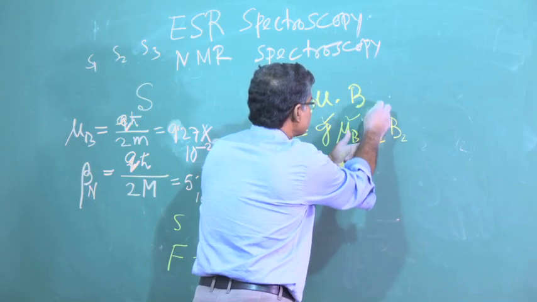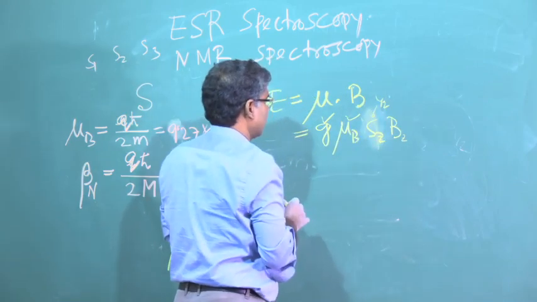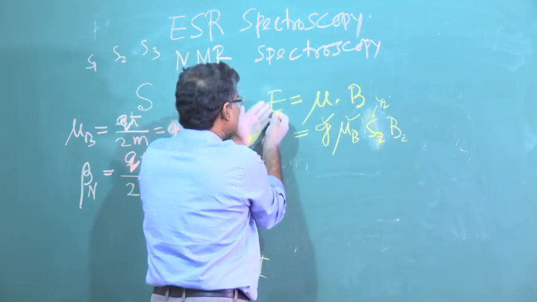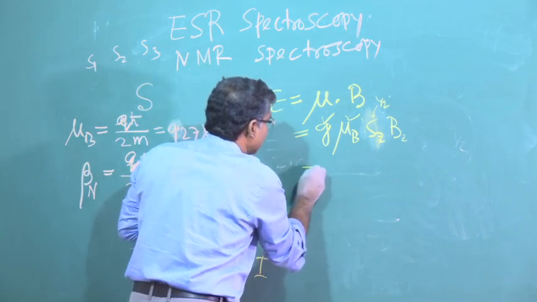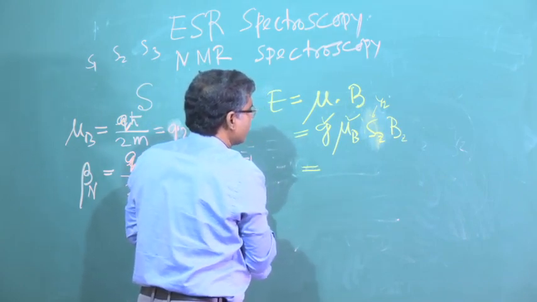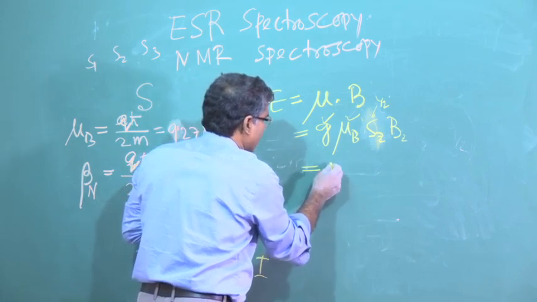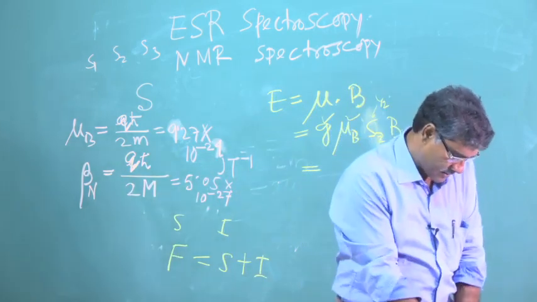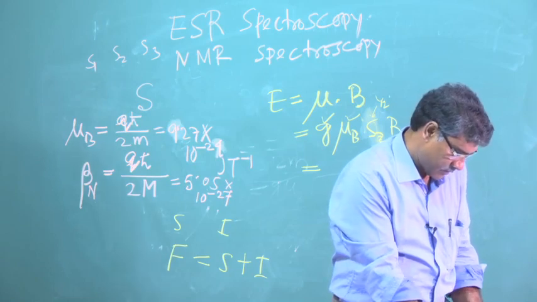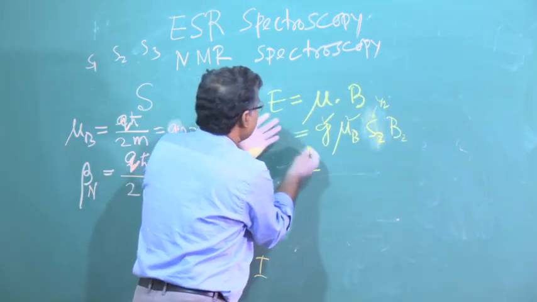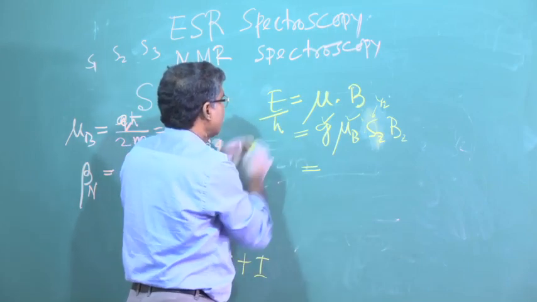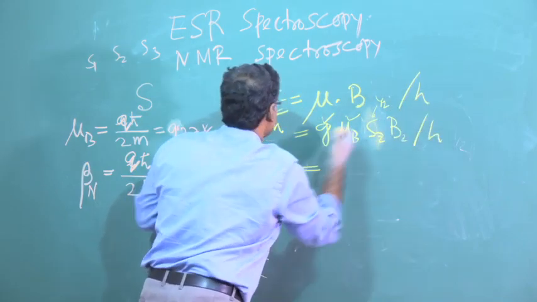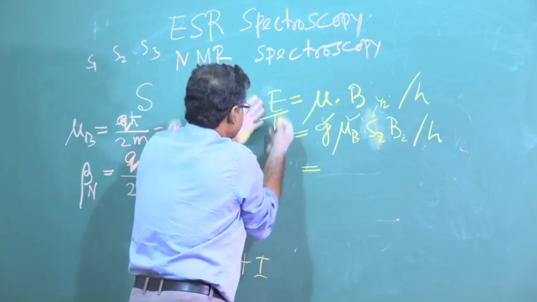If for one electron this is half, now you can find out this value, some value into 10 to the power 6, I think I have to check. And if you divide this by h, then it will be a frequency, and you put all these values.